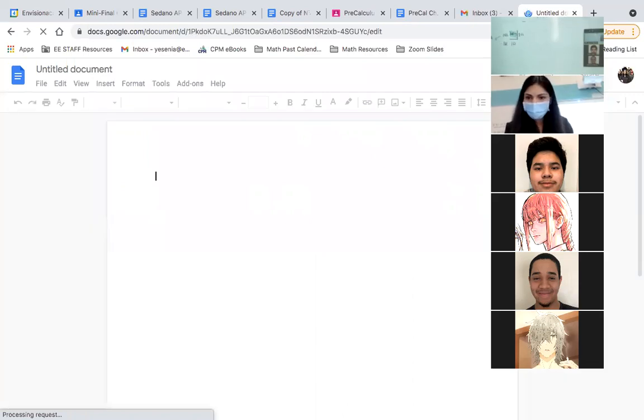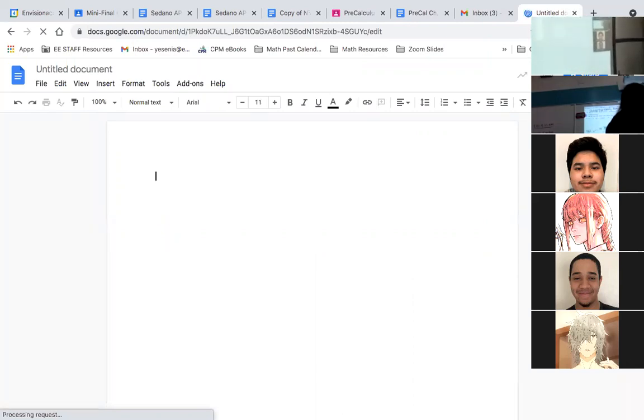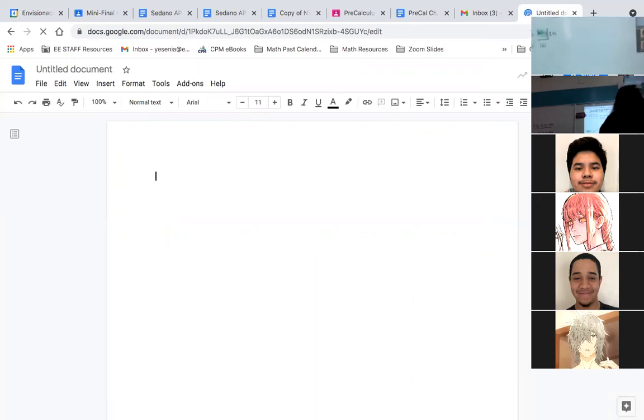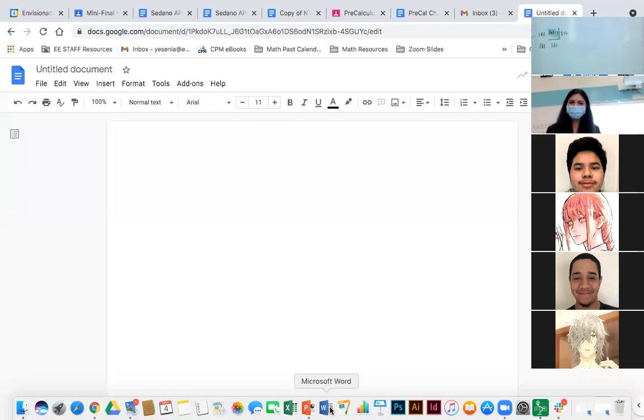Okay, cool, there's my blank screen. Hopefully y'all can hear me, and we're looking at iPad number 3. There was just a little charting thing. I think everything's good.